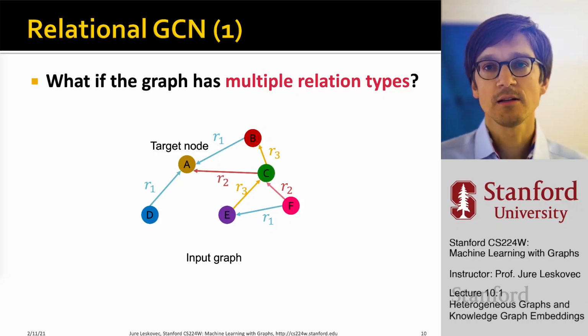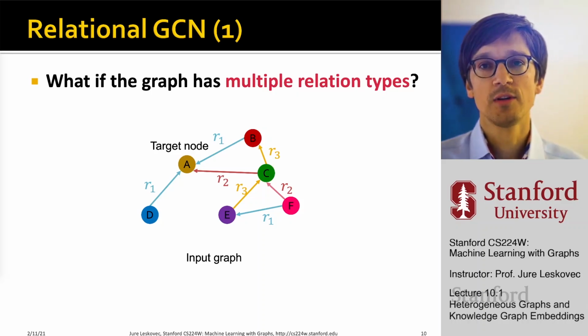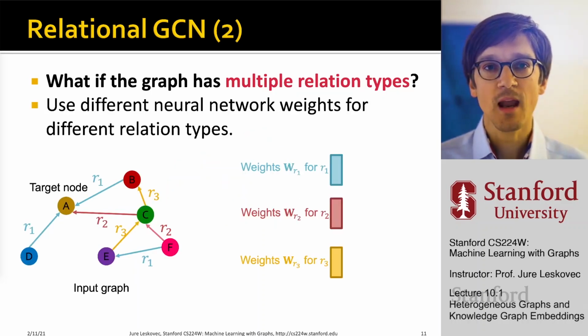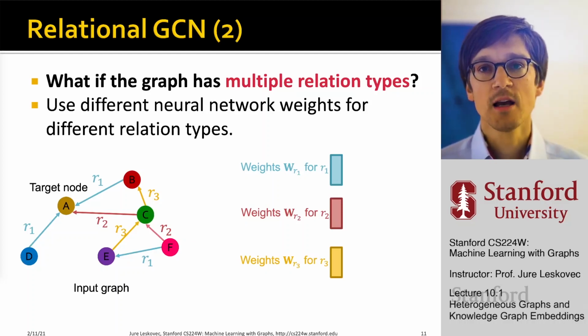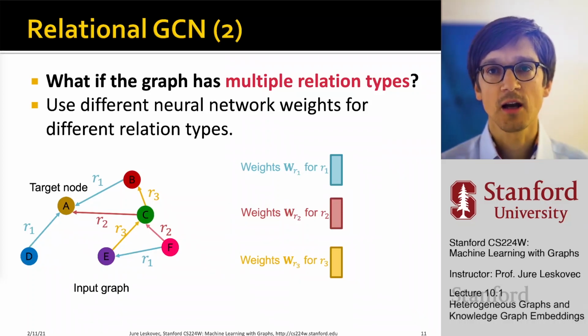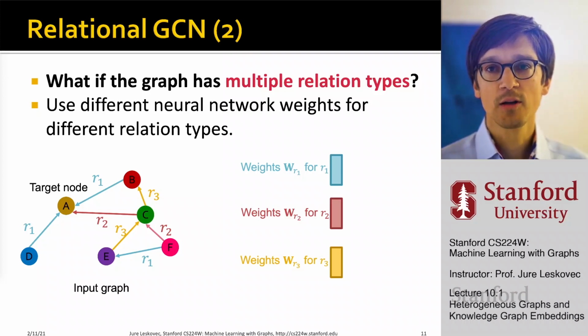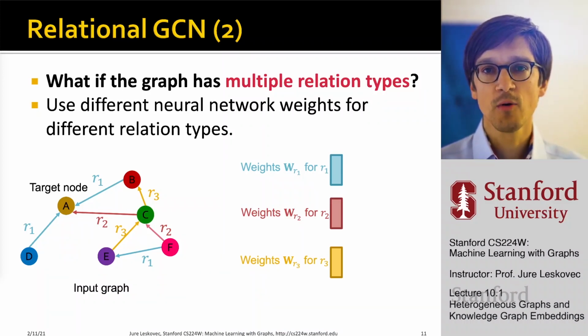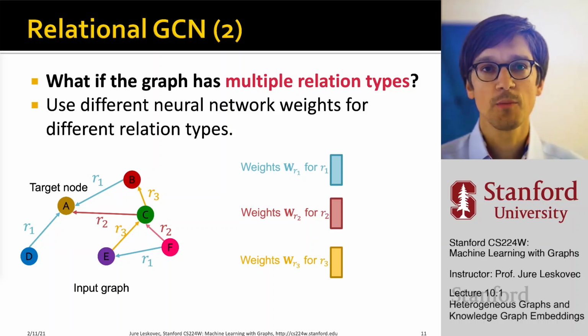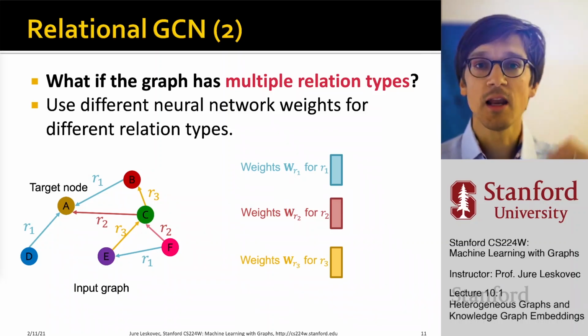So that's the way we are going to think of the input graph now. And the way we can now generalize GCN to this kind of heterogeneous graph is to use different neural network weights, different neural network parameters for different relation types.